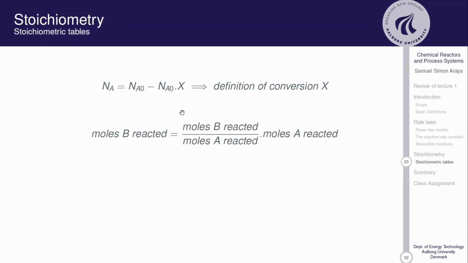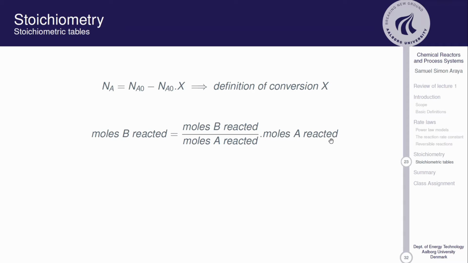And we can do the same for the moles of B, and that comes in handy the way that we relate the rates of reaction to each other. This is just putting together moles of B reacted, which is basically moles of B reacted divided by moles of A reacted times moles of A reacted.